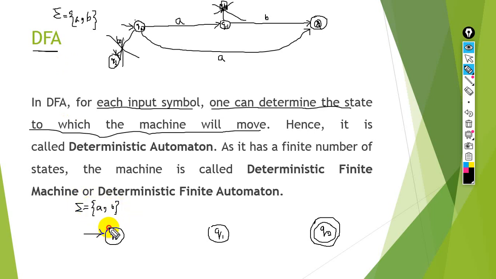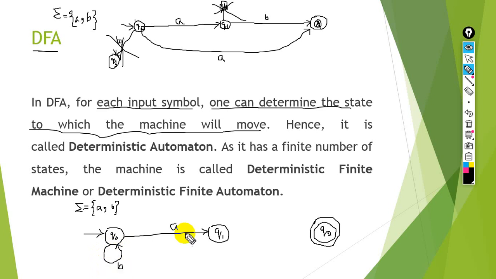So now how will we have a DFA? For example, if we have a transition of A, sorry, for example, here we have transition for A, there must be a transition for B also. For example, I have a transition B, which is a loop. This transition starts from Q0 and moves toward Q0.